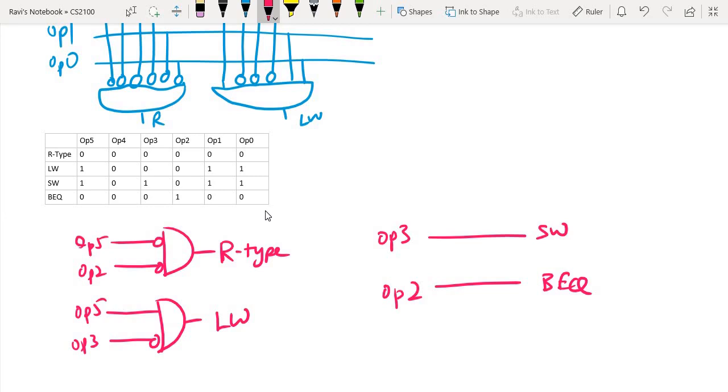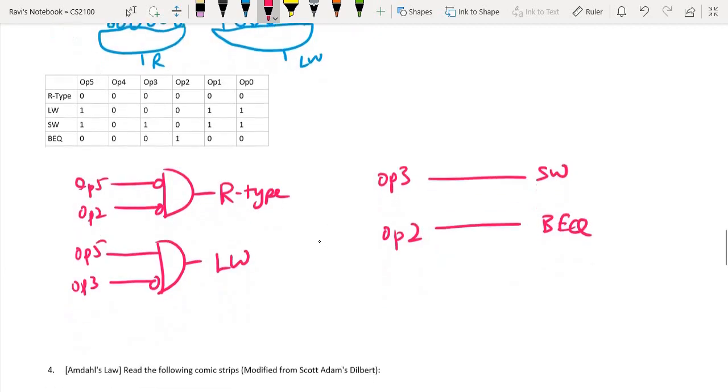If there are other instructions I need to factor in, then I still need to go back to using the 6-bit opcode as we saw earlier. So this is one way of taking the same 6-bit opcode, but instead of looking at all 6 bits, I look at the least number of bits to generate the appropriate signals that I want.